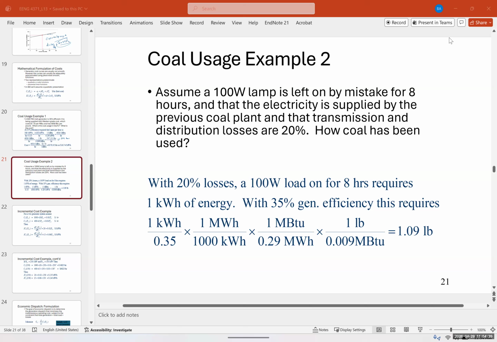With a 35% generation efficiency, this requires 1 kilowatt hour over 0.35 times 1 megawatt hour over 1,000 kilowatt hours times 1 MBTU over 0.29 megawatt hours times 1 pound over 0.009 MBTU, which gives us 1.09 pounds of coal.